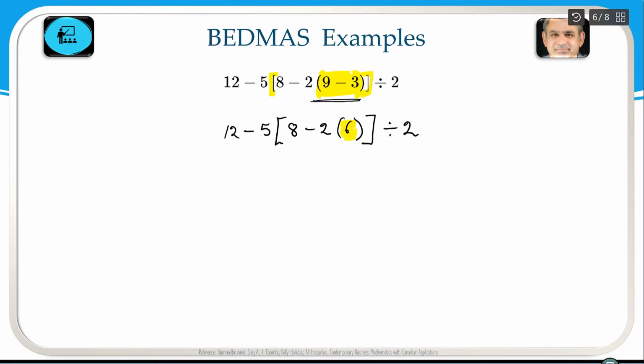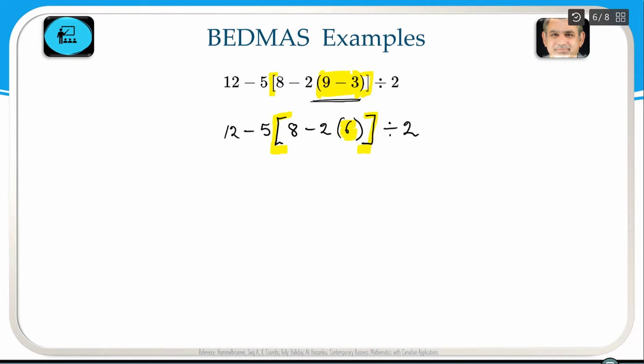Now we have another grouping sign. So brackets, parentheses, grouping signs, they are to be dealt with first. So there were actually two levels of brackets. The inner level of bracket we have solved.